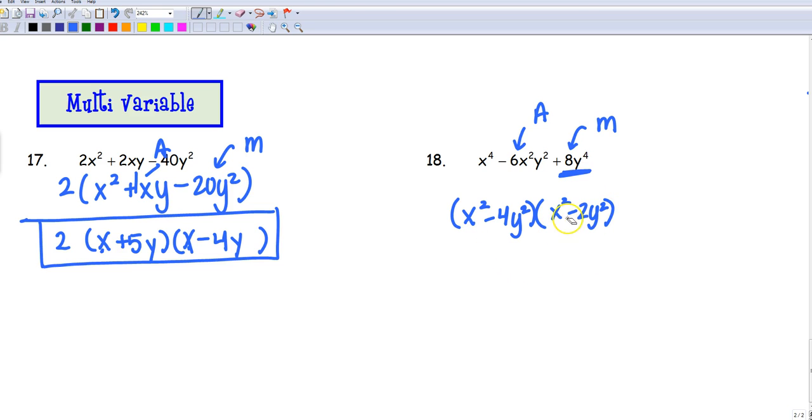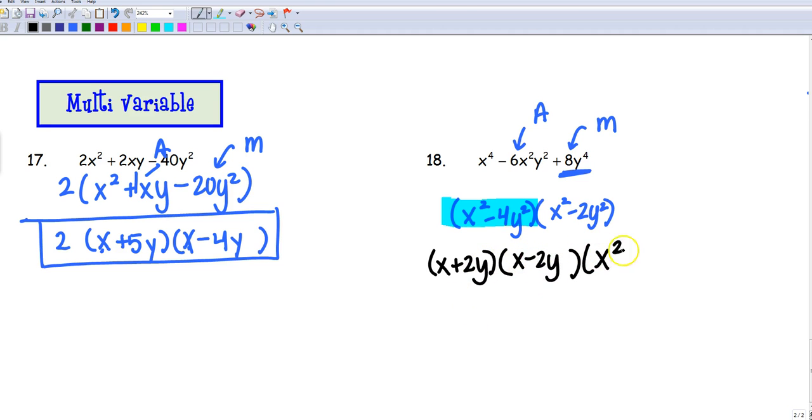Now, a lot of people would say, oh, that was awful, I'm glad we're done. But technically you're not done yet. Take a look at this. That is still difference of squares. You have two terms that are squared, you have a minus sign. So that becomes x plus 2y and x minus 2y.